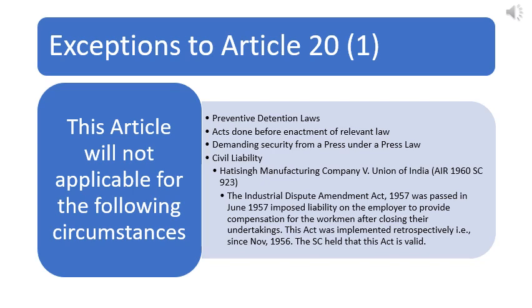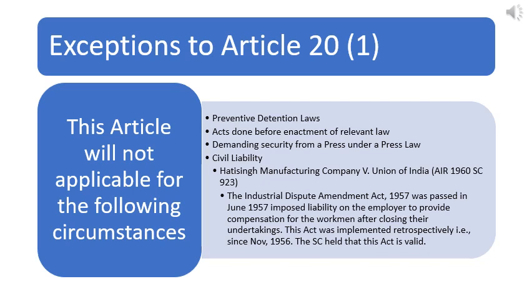Now, this new amendment, which came into force in 1957, was given retrospective effect. And they stated that the undertakings which were closed since November 1956 should give compensation to the workmen.